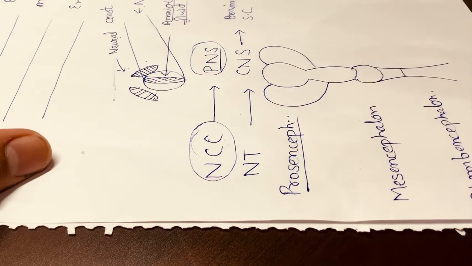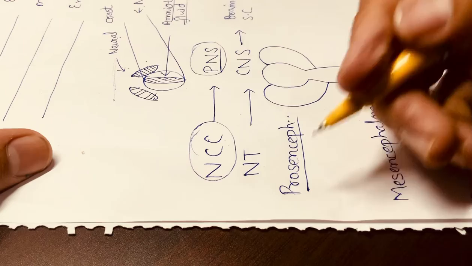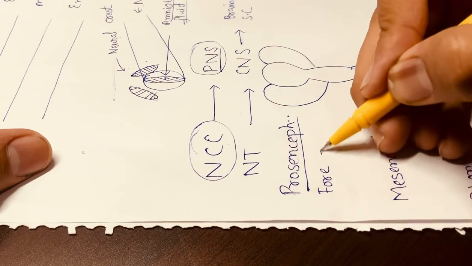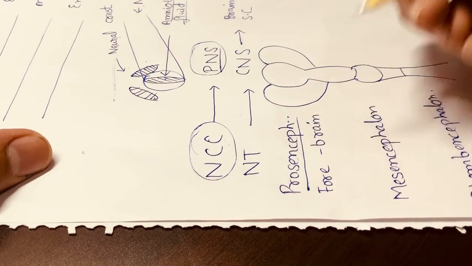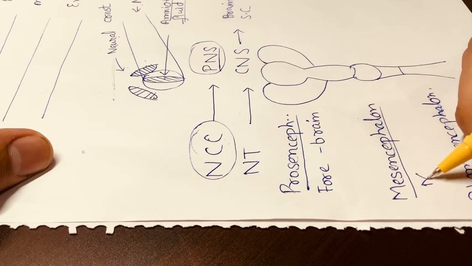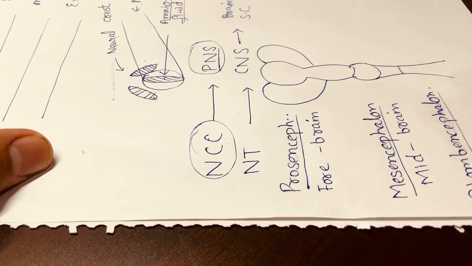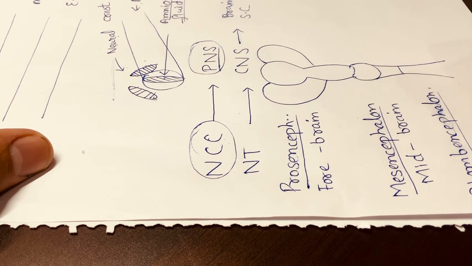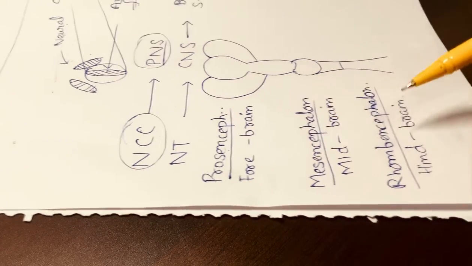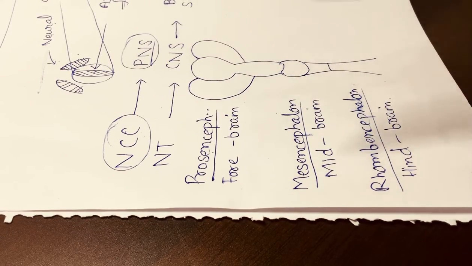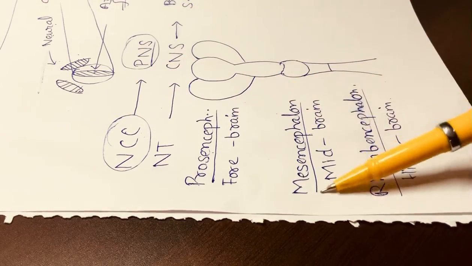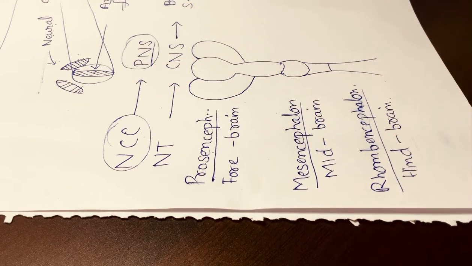Now this prosencephalon in the embryonic stage changes to forebrain in the baby. Prosencephalon is nothing but the forebrain, and mesencephalon similarly is the midbrain, and rhombencephalon is hindbrain. So the neural tube changes into three vesicles, which include prosencephalon, mesencephalon, and rhombencephalon. This prosencephalon is forebrain, this mesencephalon is midbrain, and this rhombencephalon is hindbrain.